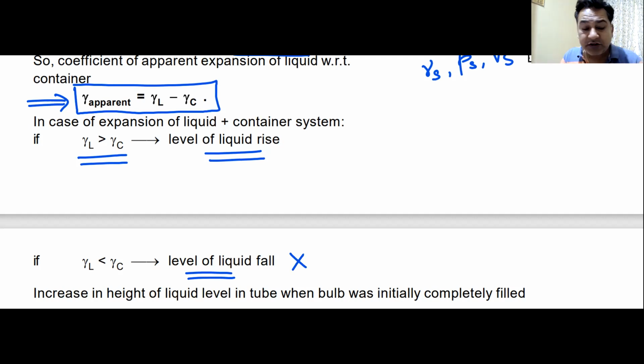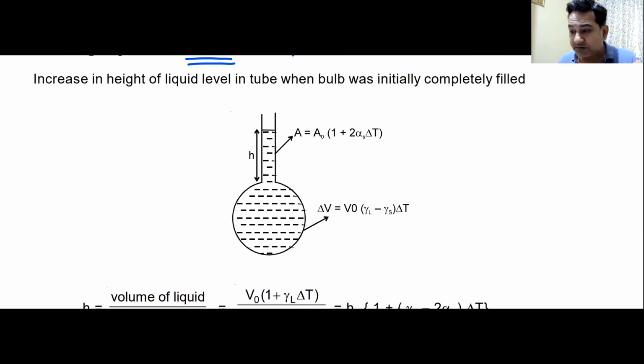And you might encounter a question where you are given something like this. I have seen a question coming in JEE based on this. So you have a liquid bulb and you have a limb like this, and then you heat the bulb and they ask you how much is the rise in the height of the liquid. Do you understand this? Yes, sir. So how do you do this?